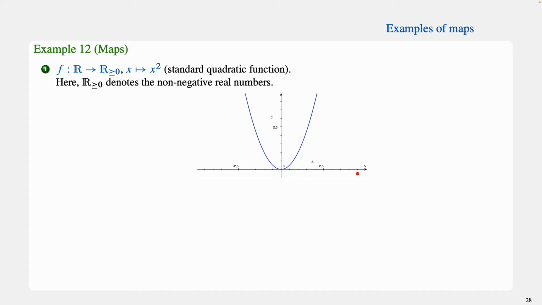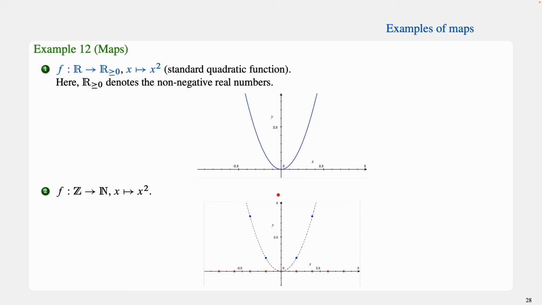So here this axis, the x-axis, is taken to be the input domain, the domain of the map f. And it assumes values along this graph, and here the y-axis corresponds to the codomain. That would be the non-negative real numbers here, where the values of the map are assumed.